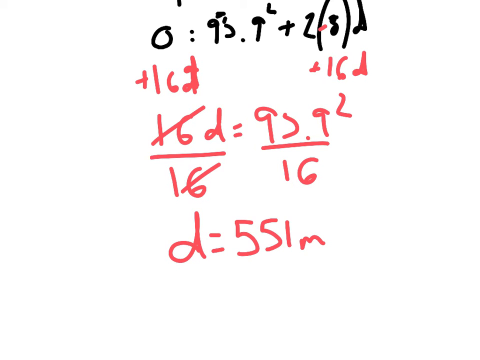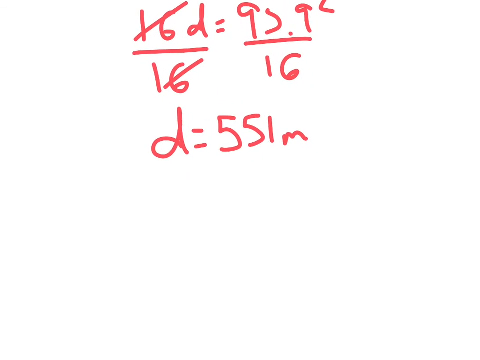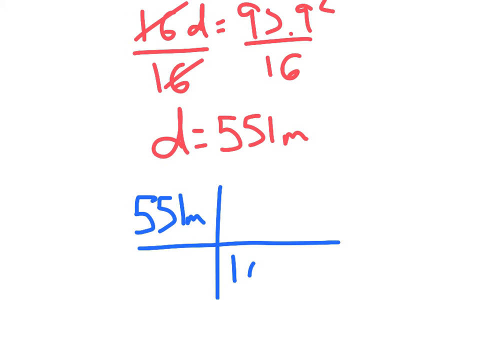But it wanted it in miles, so you've got to take a second and do a little conversion. Here, we'll do that. I'll do it in blue. So it's a train track situation. You've got 551 meters. We can look up that there's 1609 meters in a mile.